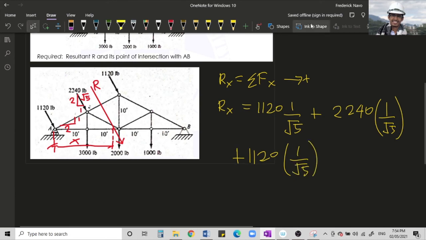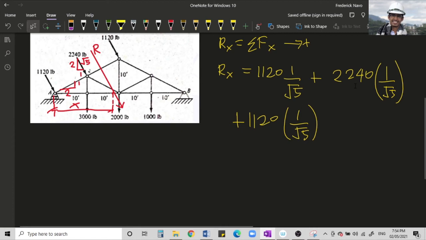Okay. So, Rx will give us, so yung Rx natin is equal to 2,003.52 pounds. Okay. So, yun na yung Rx natin.